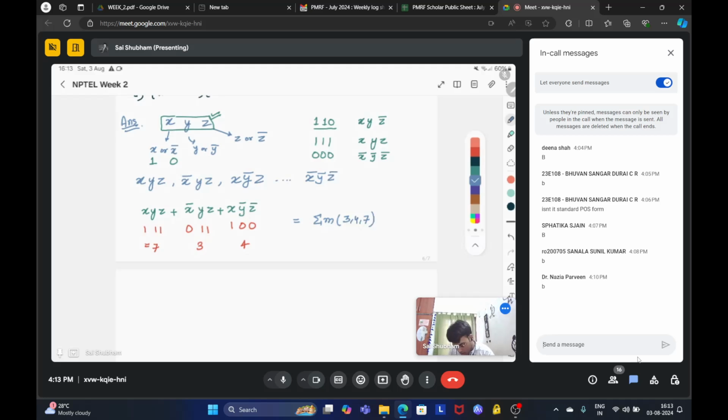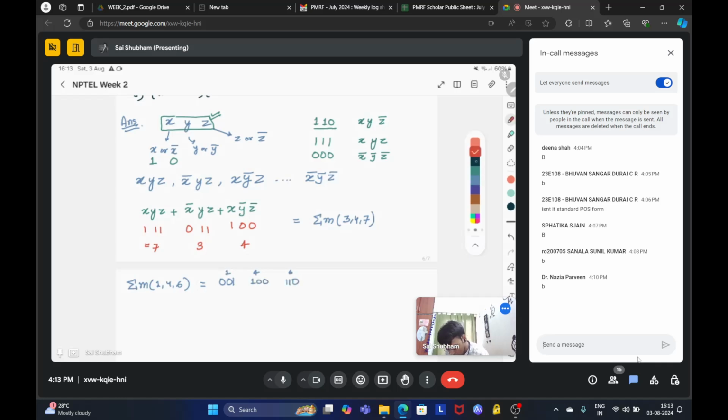Suppose I write 1, 4, 6, and I want to know how the expression will look. This will be 0, 0, 1 for 1. For 4, it will be 1, 0, 0. And for 6, it will be 1, 1, 0.